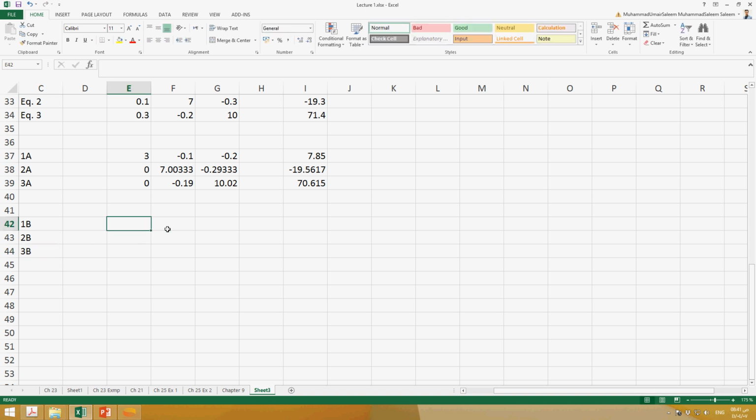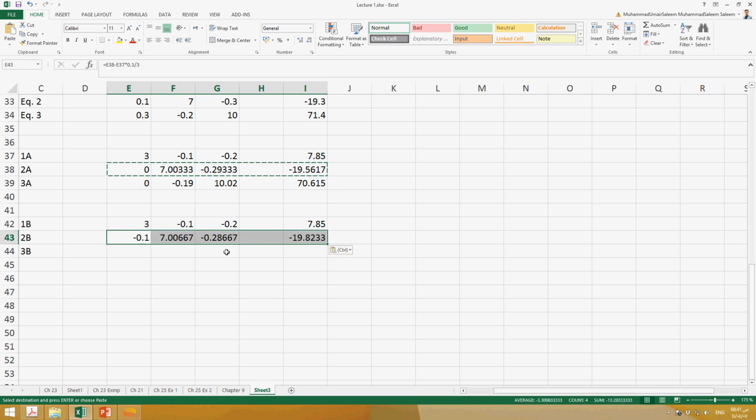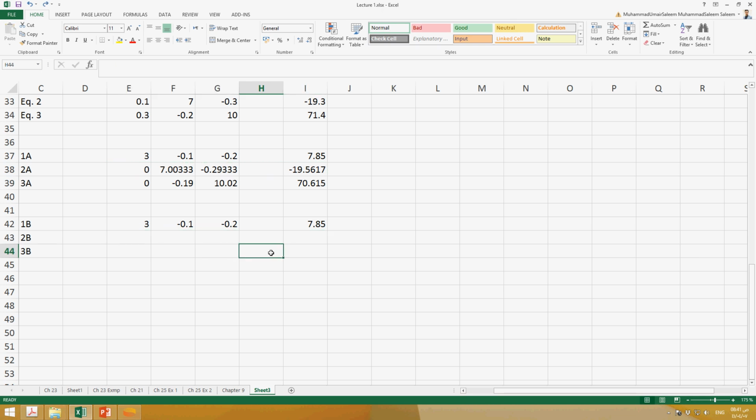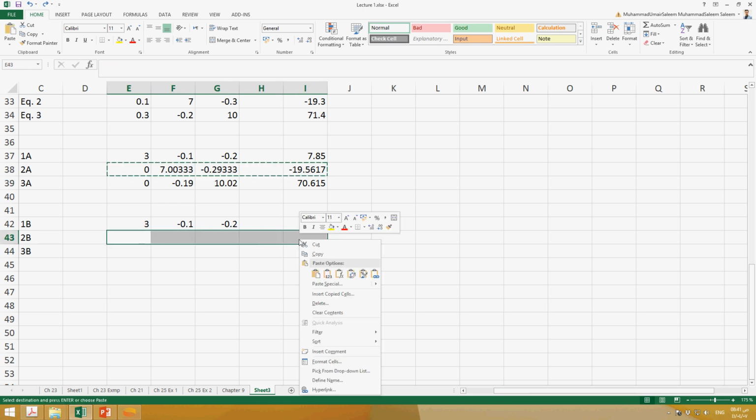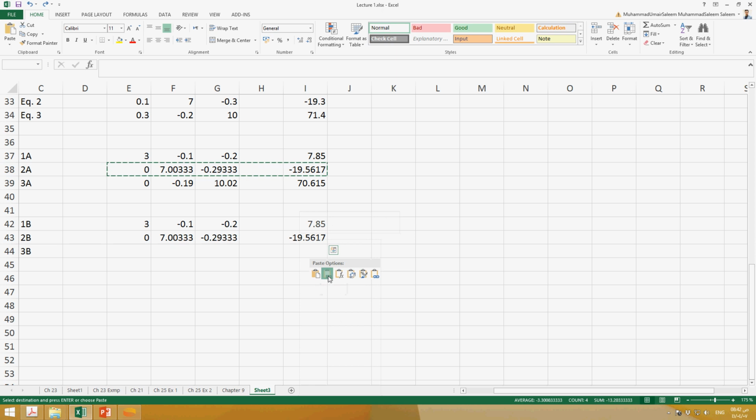This will remain as it is, just Control C and then Control V. And this will remain as it is, just put it here. I think I should just paste the values. So Control C, right click, and paste values.